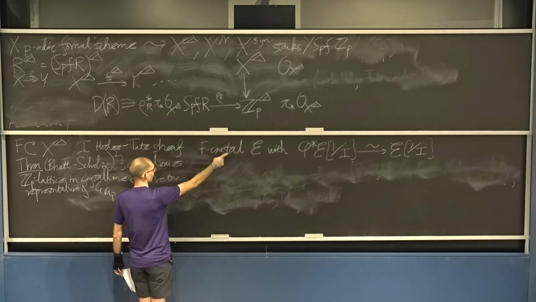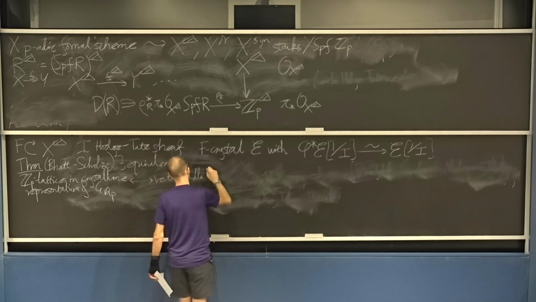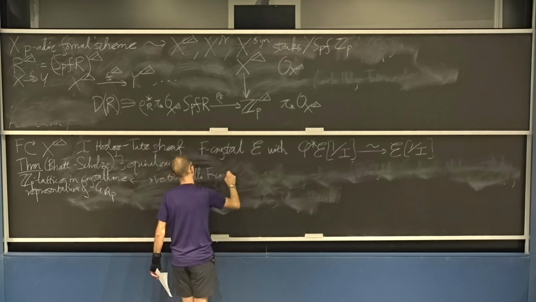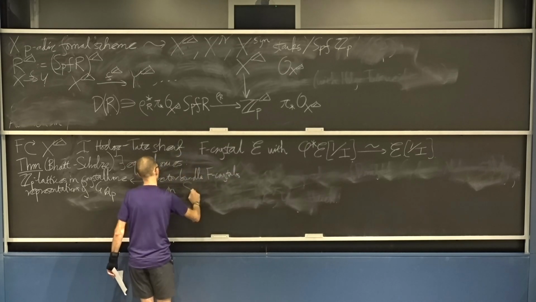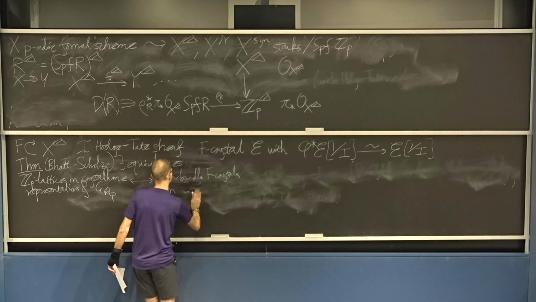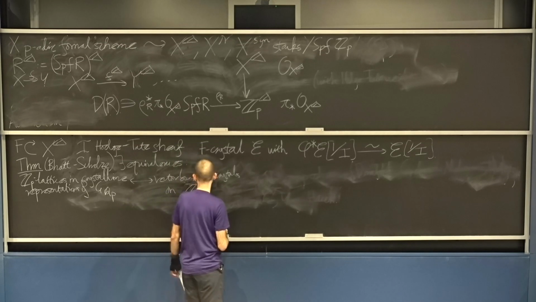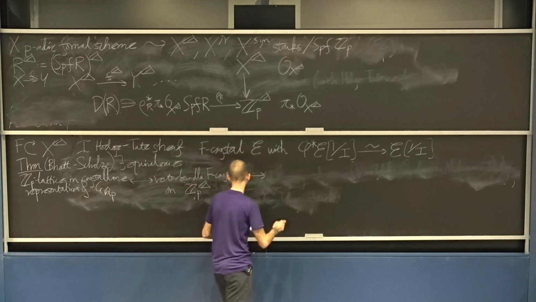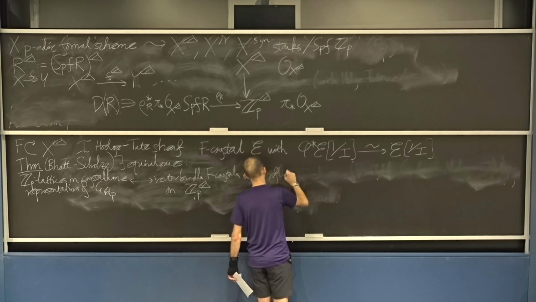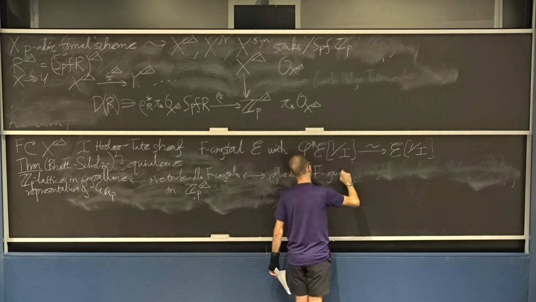So F-crystals, they're actually vector bundles. So vector bundle F-crystals just over, sorry, not spf Z_p-prism. My notation is just Z_p-prism. So just taking X equals spf Z_p in that definition. And these correspond to something which I haven't said what it is, but reflexive F-gauges.